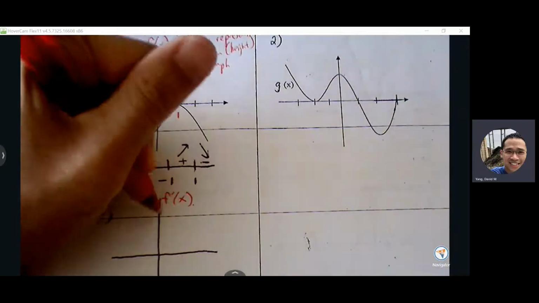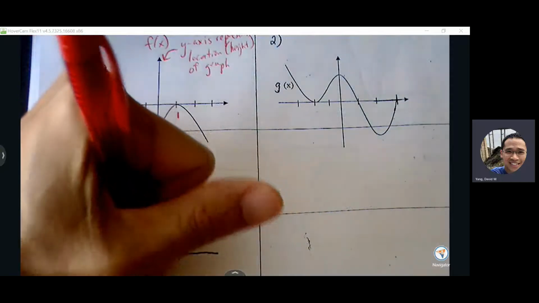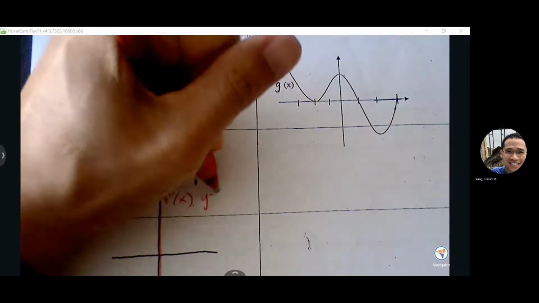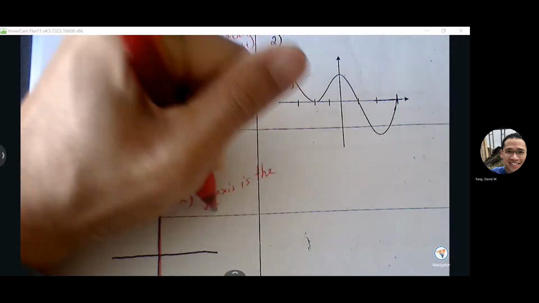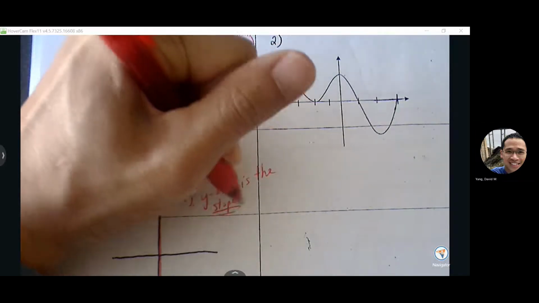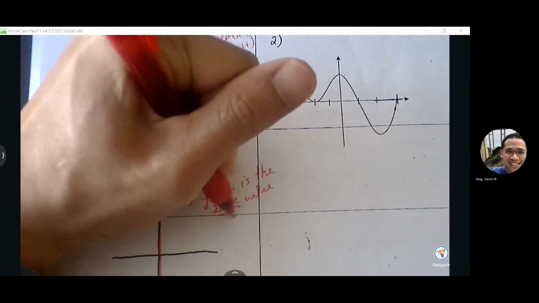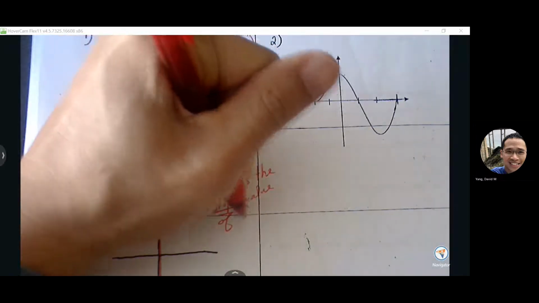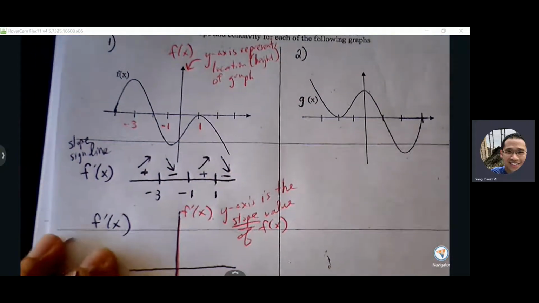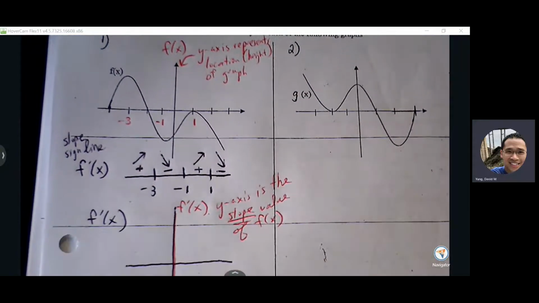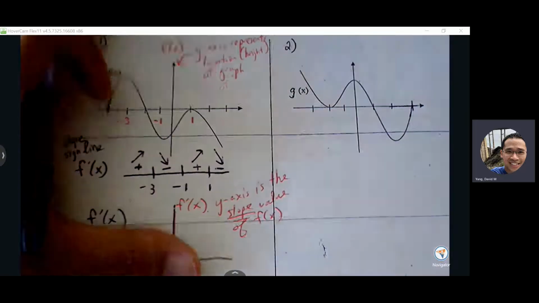It's going to represent the slope value of the original graph. If our y-axis is defined differently, then we shouldn't expect the two graphs to look the same. But they are going to be very much related.